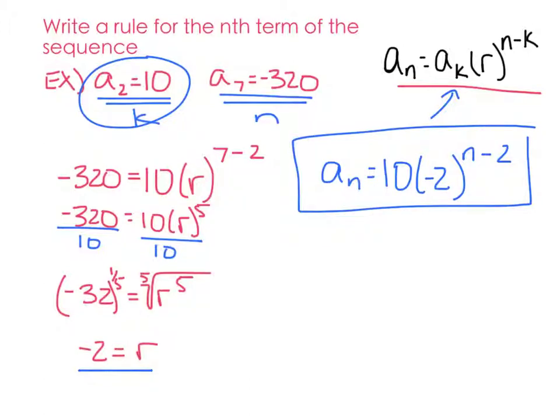We could use this to solve for a sub 1 and then write the formula in terms of n minus 1, just like the thing that we saw earlier. But let's use this to solve for the first term in the sequence. A sub 1 equals 10 times negative 2 to the 1 minus 2.